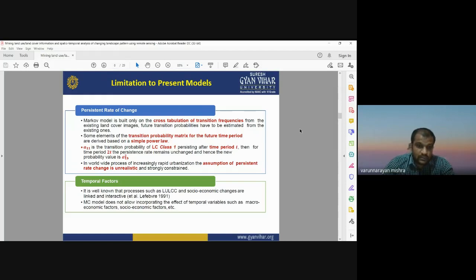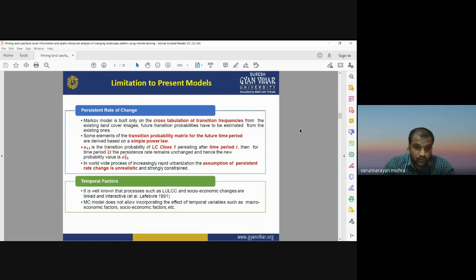When we are talking about the transition probability of one LULC class to another LULC class, it may be persistent, because in some cases there may be no change. So in that case the persistence rate of the change may be a limiting factor when we are going to use the Markov chain model.